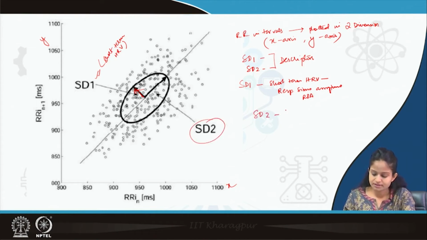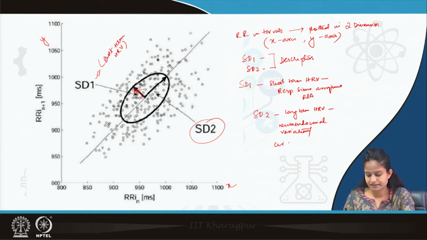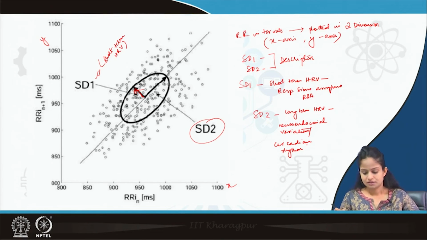So, SD2 is the long term HRV. This usually denotes the neuroendocrinal variations as well as the cyclical variations or the circadian rhythm. So, this is how the Poincare plot analysis is done.